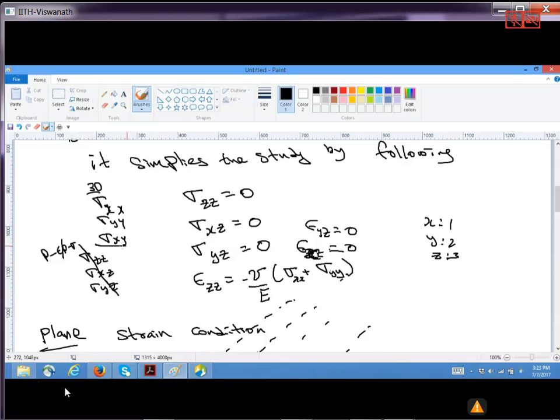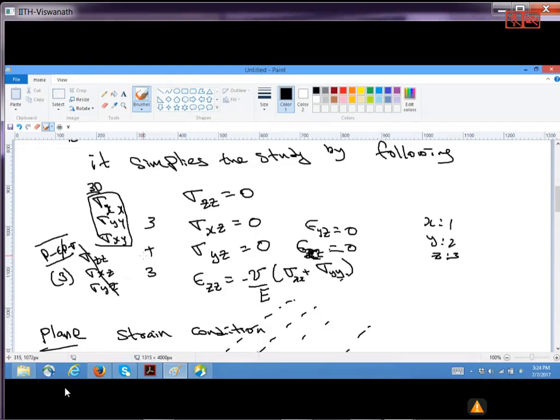So only 3 are independent. If it is 3D, you have 3 plus 3, but for plane stress or plane strain you have only a total of 3, because these things are interdependent: either they are all zeros, or their strains are related in a certain manner.